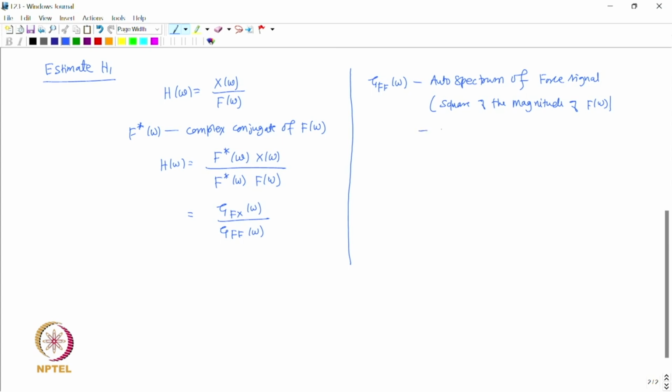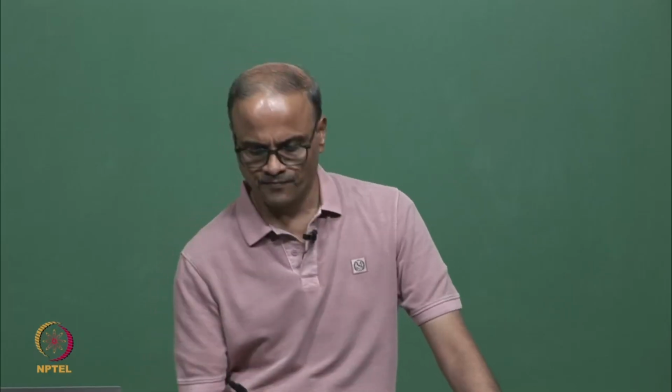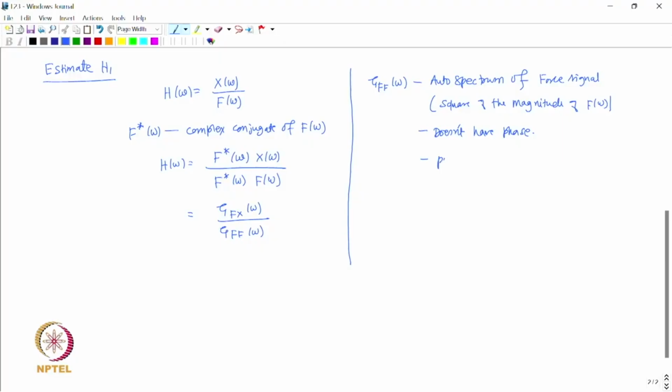So auto spectrum does not have phase information. So F of omega has some phase, however the auto spectrum of F of omega does not have phase, it just has magnitude. So it is also called the power spectrum, because it gives the power of the signal at each frequency.